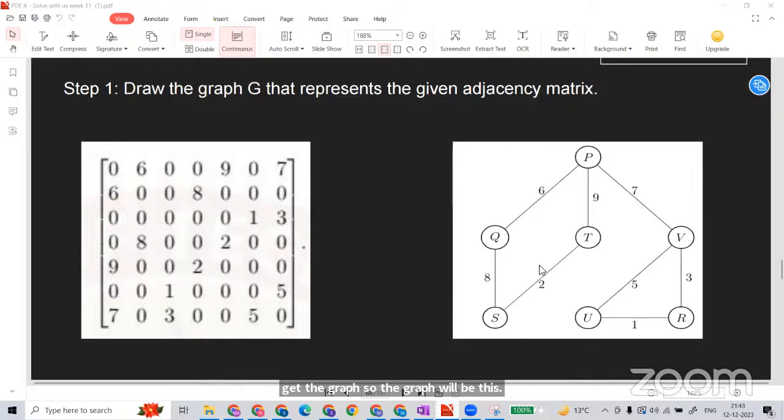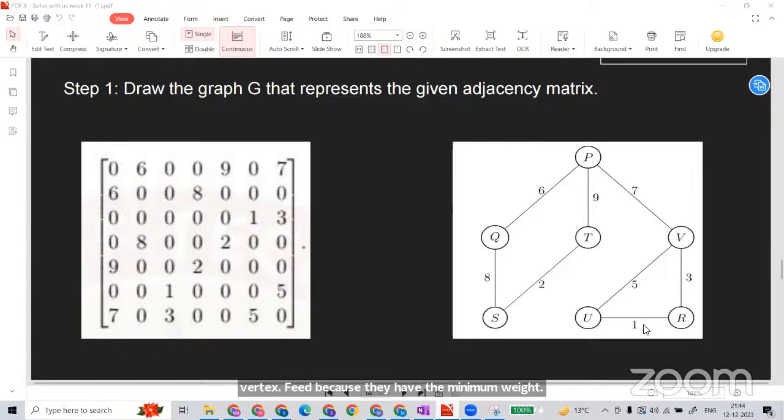Now we just need to perform Prim's algorithm from the vertex R. So this is the vertex R. From R, the edge with minimum weight is going to be 1 here. And then we'll start growing with the vertex U, because this has the minimum weight.